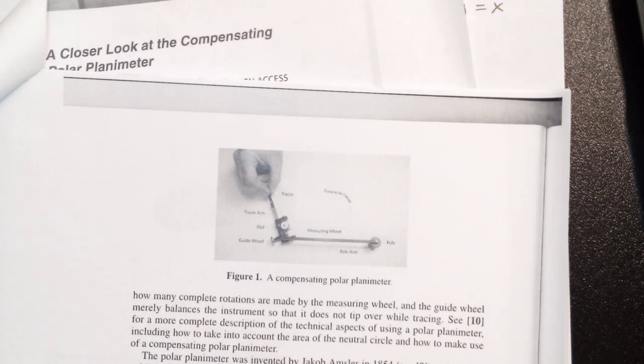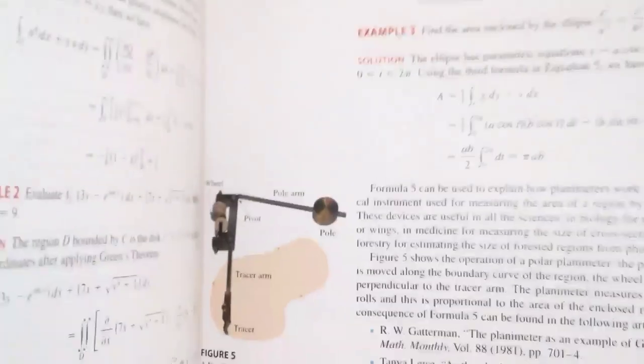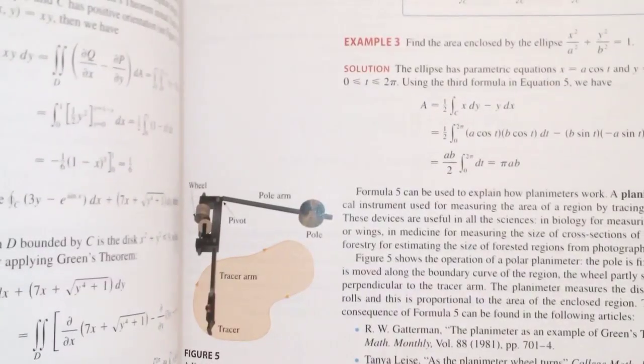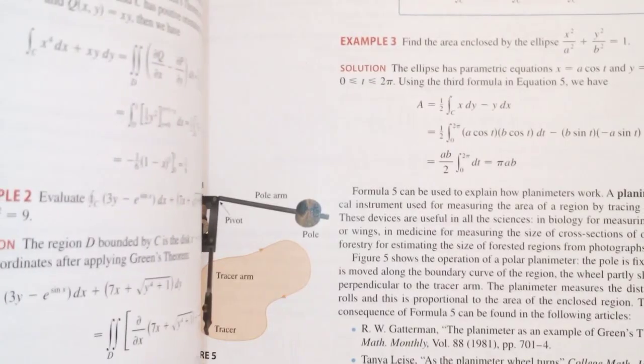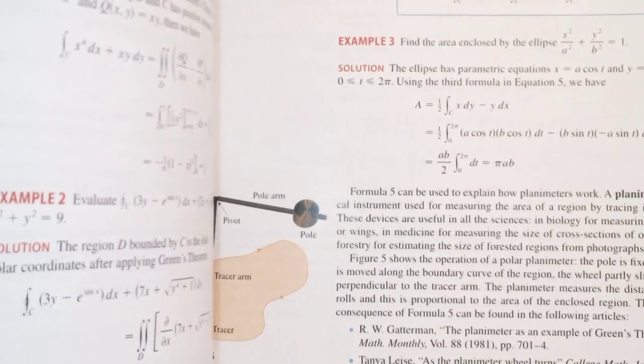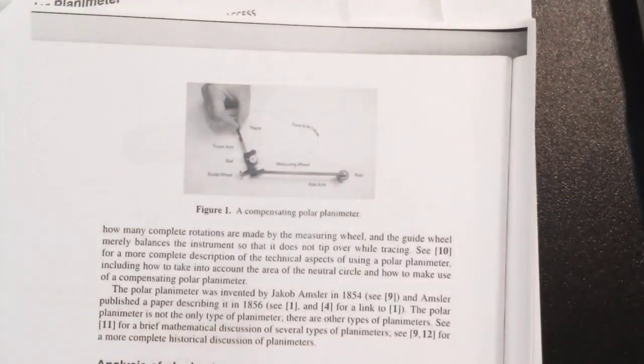Polar, because we put this pin down and it acts like a polar coordinate origin, and then we take this pin and we trace it around the edge of our curve, and it does Green's theorem. There's a picture in our textbook, page 1099. A planimeter measures area by measuring edge, and it's literally using Green's theorem.